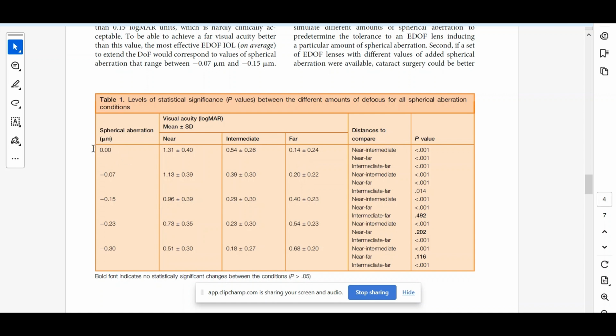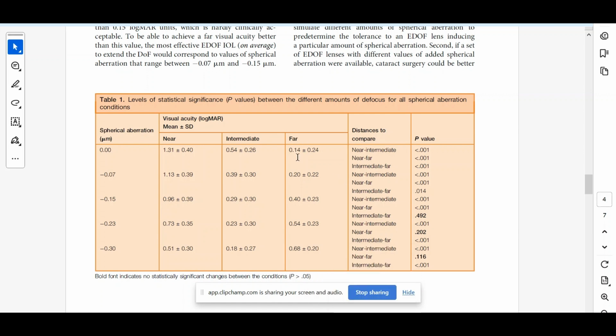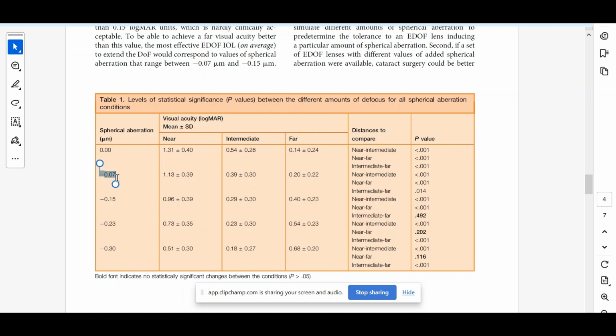When there was no spherical aberration in this group of patients, they recorded around 0.14 logMAR, which is around 6 by 7.5, around 20 by 25 of vision. But that vision dropped by one line when you induced a negative spherical aberration of minus 0.07, and the near improved, the intermediate also improved to around 20 by 40.